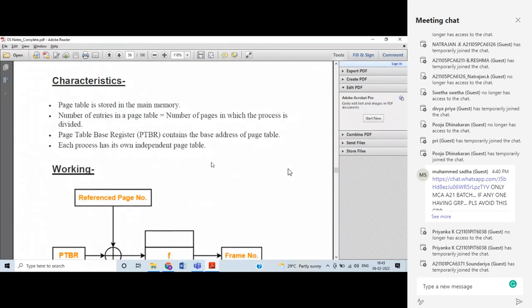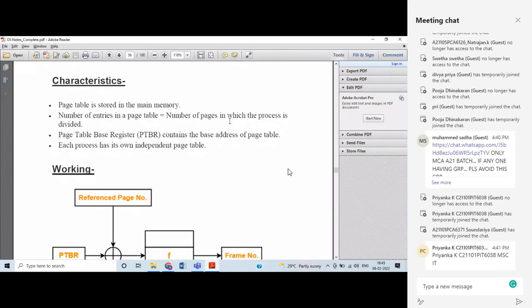This is a data structure, and these are the characteristics of the page table. The page table is stored in the main memory. The number of entries in the page table is equal to the number of pages, that is, the number of divisions in which the process is divided.